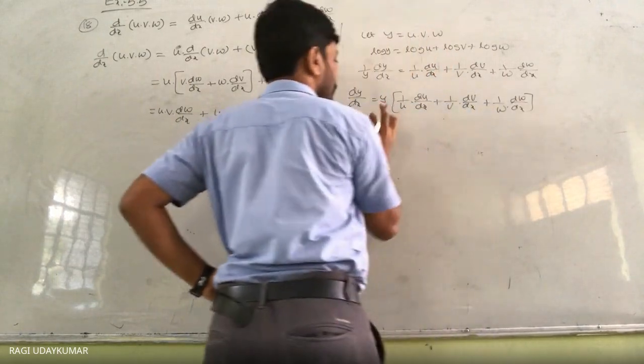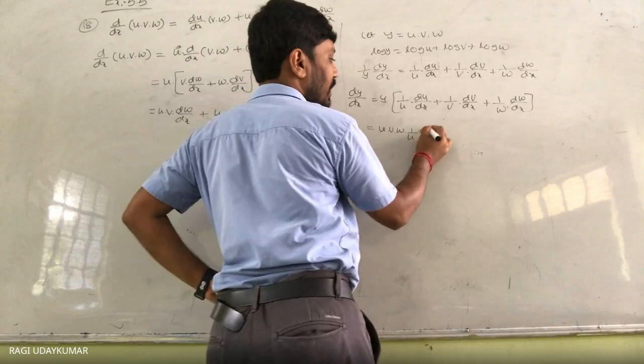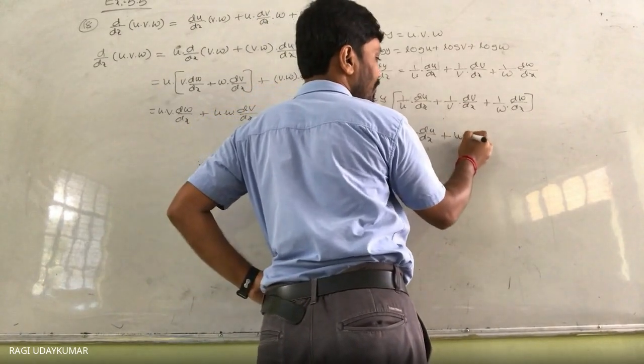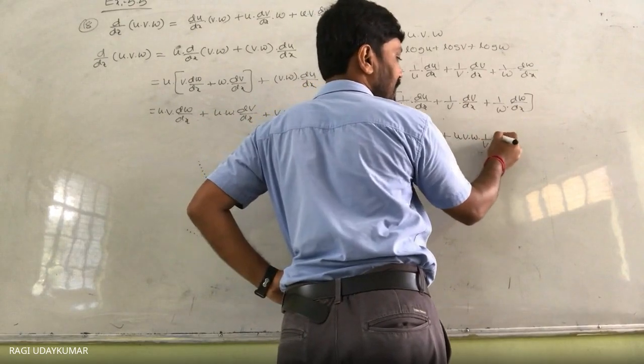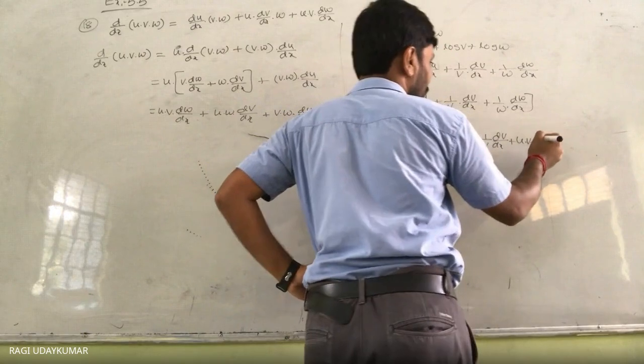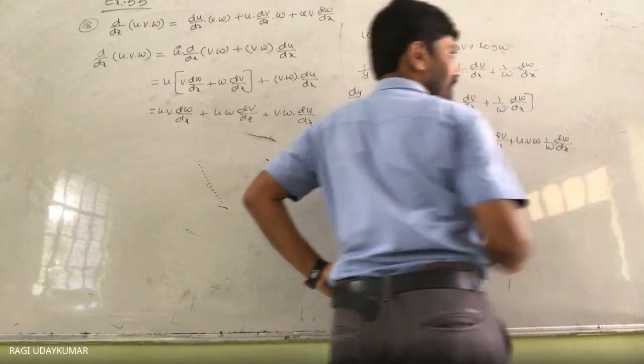So y is nothing but u v w. u v w into 1 by u into du by dx plus u v w into 1 by v into dv by dx plus u v w into 1 by w into dw by dx.